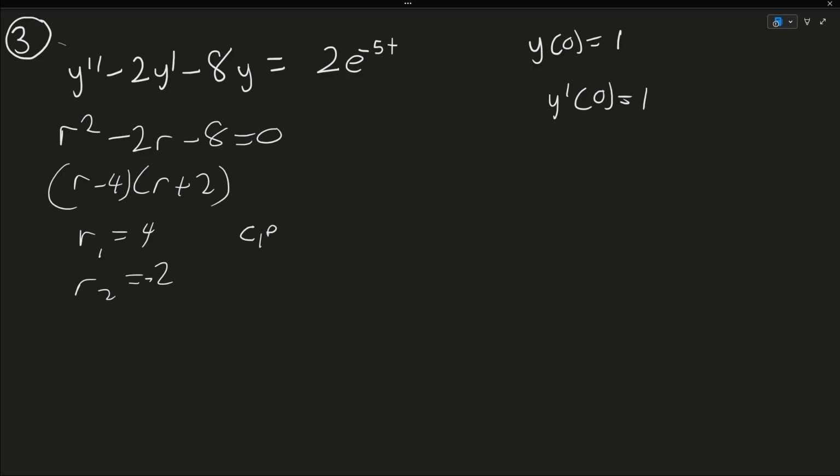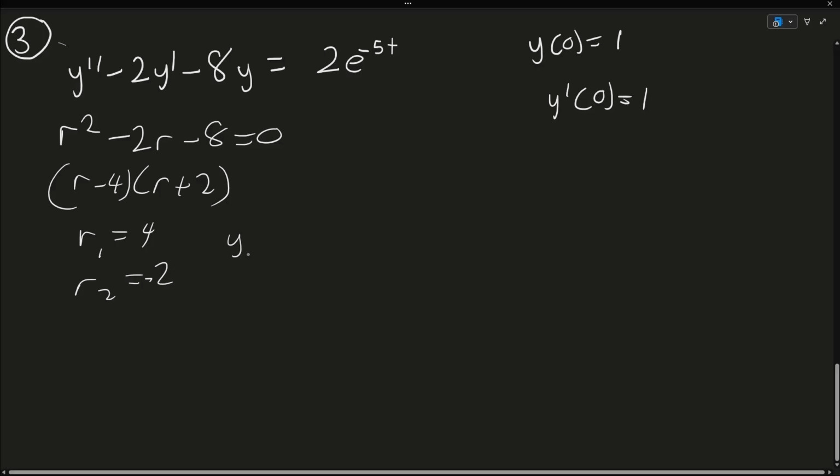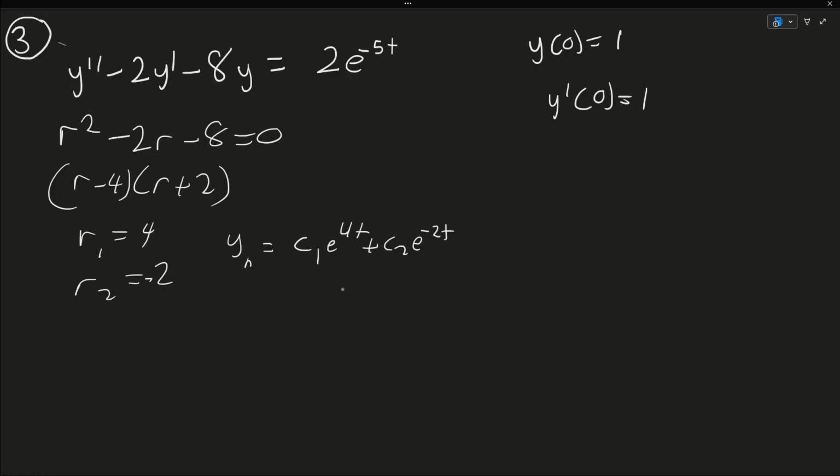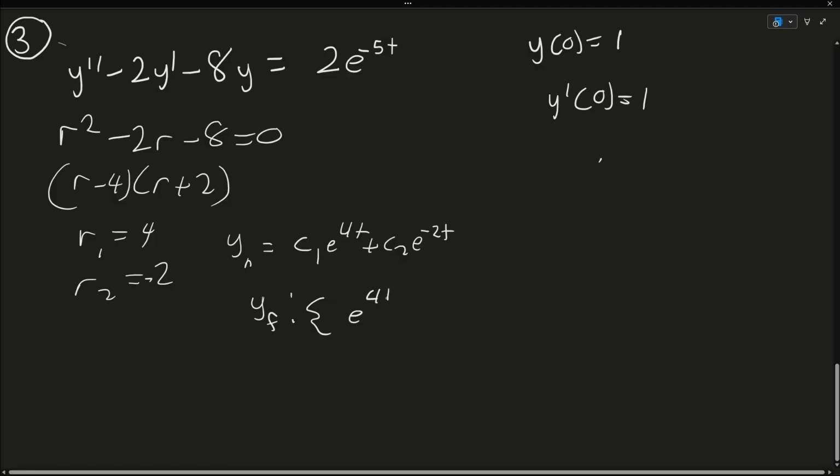Since we have distinct real roots, our y homogeneous will be c1 e to the 4t plus c2 e to the minus 2t. Our fundamental set of solutions is e to the 4t, comma, e to the minus 2t.